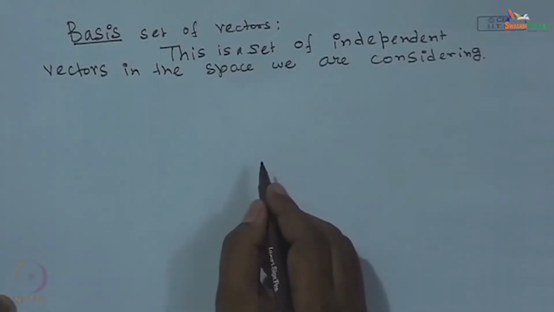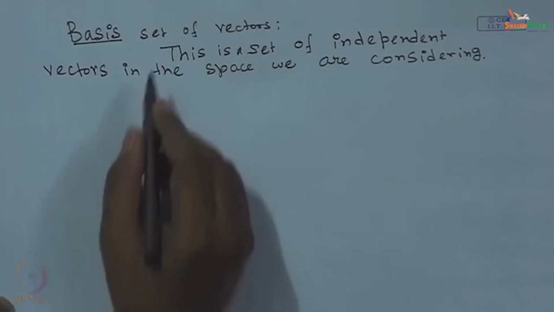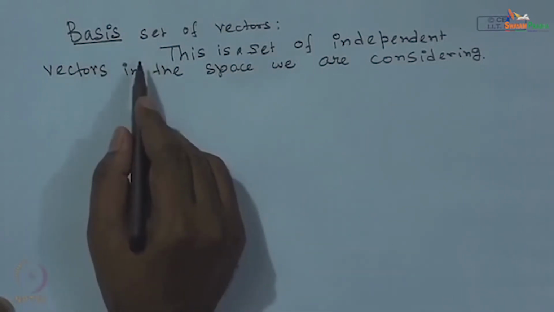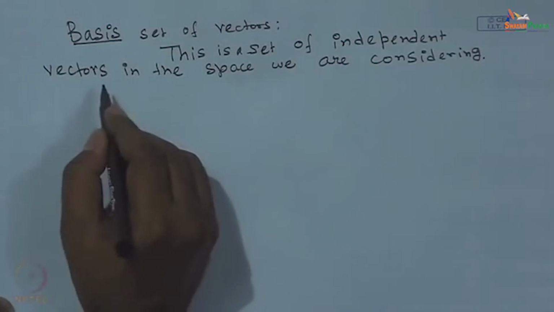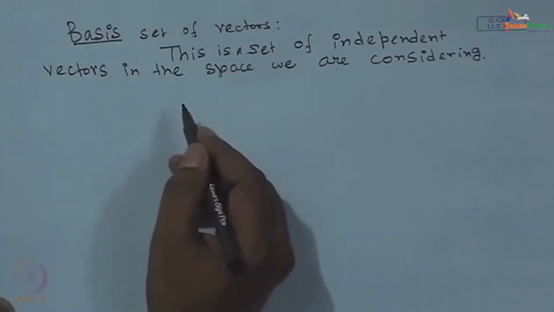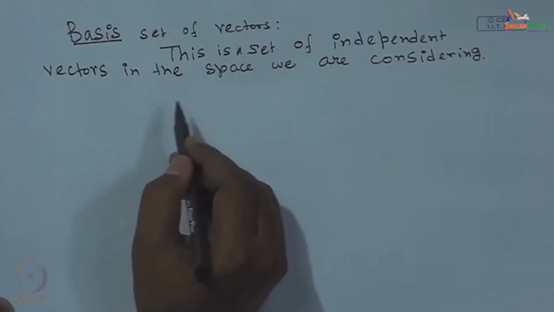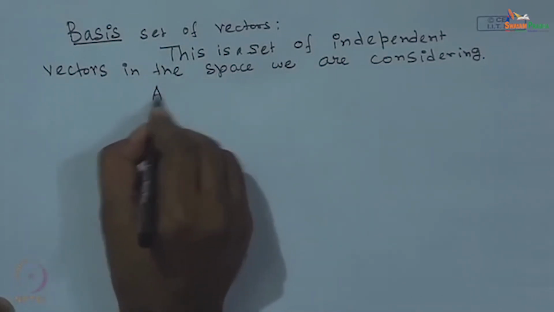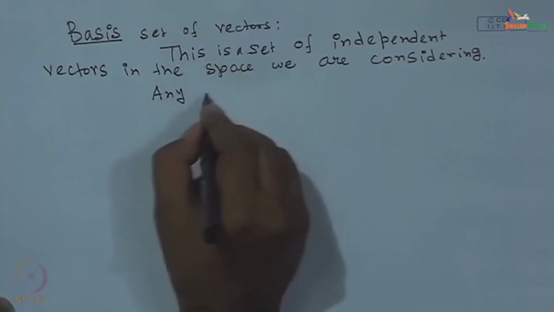Therefore, the constituents of the basis set are all independent vectors. Any other vector in that space can be expressed as a linear combination of basis set vectors. Okay, that is very important.